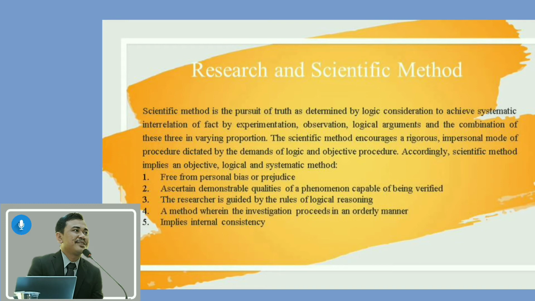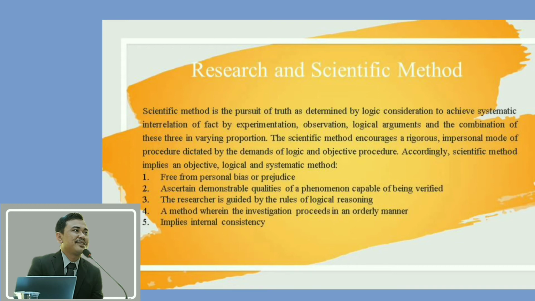A method wherein the investigation proceeds in an orderly manner. It means that you have to be very clear about stages, steps in conducting your research. So you have to put them in the right order. For example, have you decided the number of samples before you distribute the instrument?